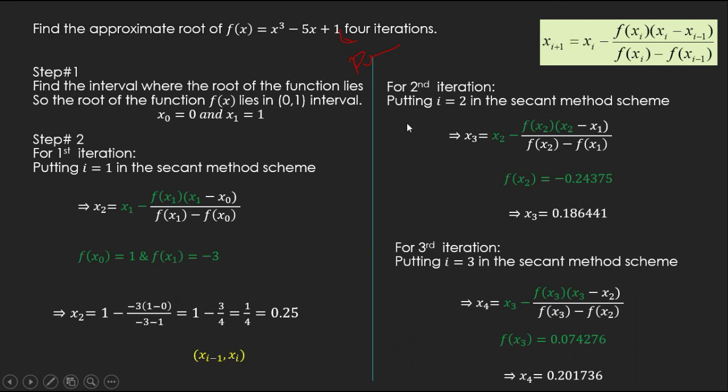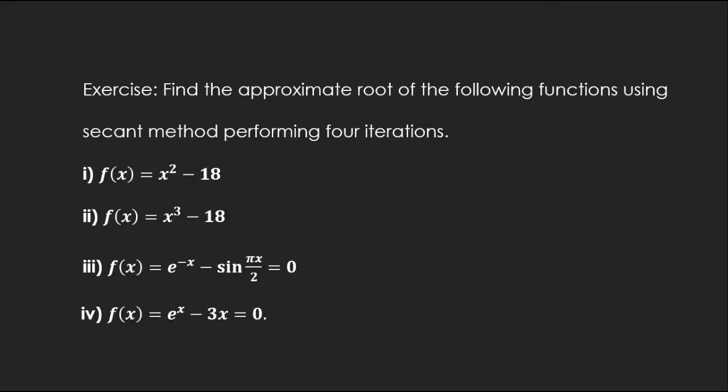If you are performing the second iteration, your guess will be x2 and x1, and you need to write the second value for b and the first value for a, and then after pressing the equal button you will get the next approximate value for the root of the function, just by pressing the equal button.